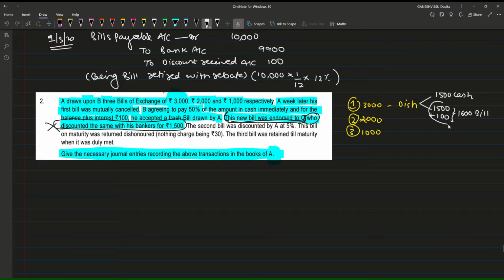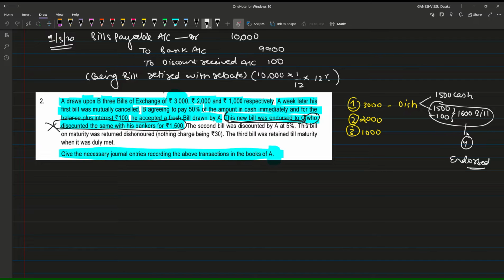So now this 1,600 bill, which is the new bill, we can say this is the fourth bill.